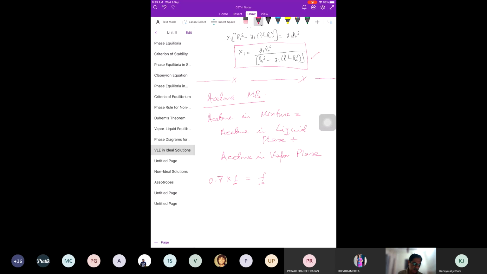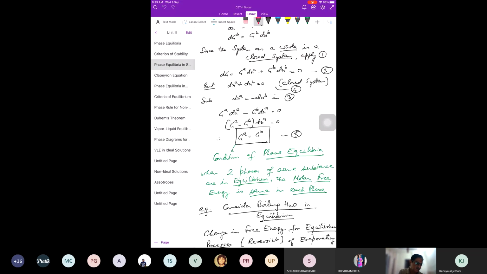तो कितना हो जाएगा acetone in liquid? F into 0.5608. प्लस वेपर कितना हो जाएगा?